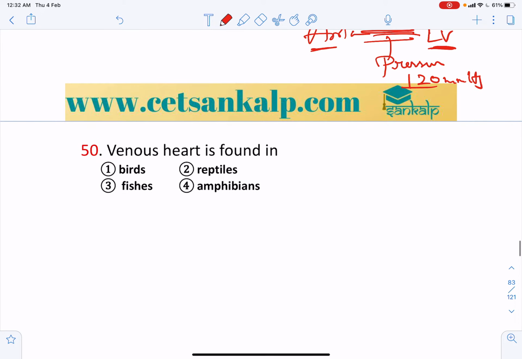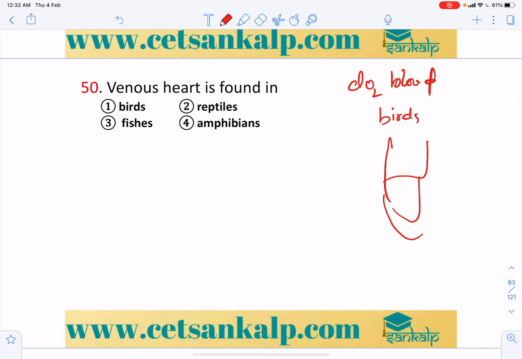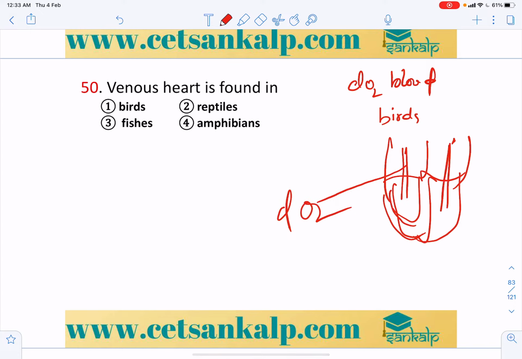Third option, venous heart. As we discussed, the heart which receives deoxygenated blood. Birds and mammals receive both oxygenated and deoxygenated blood separately: right side deoxygenated, left side oxygenated.